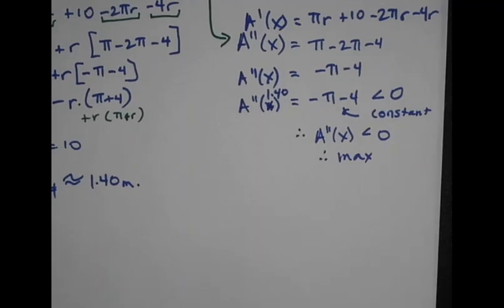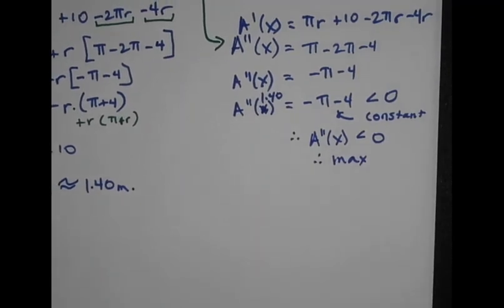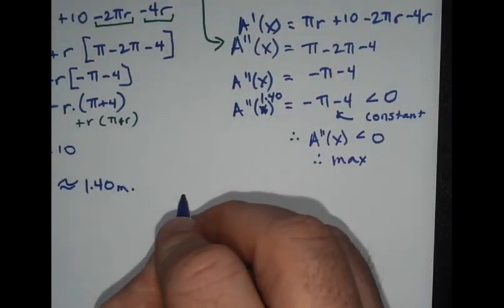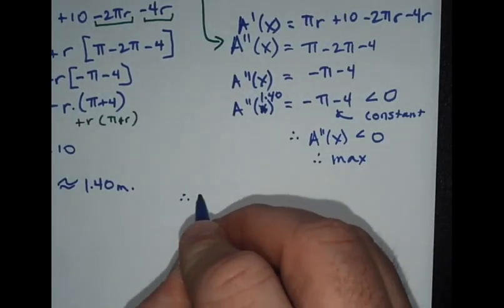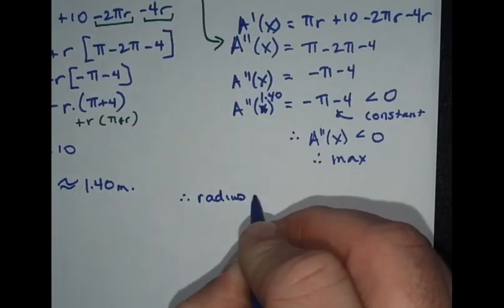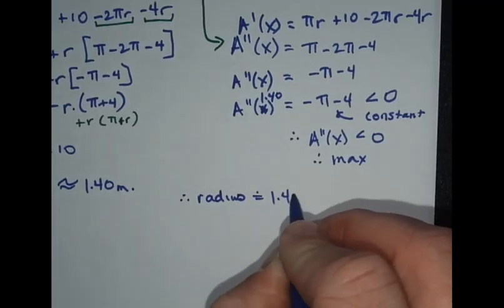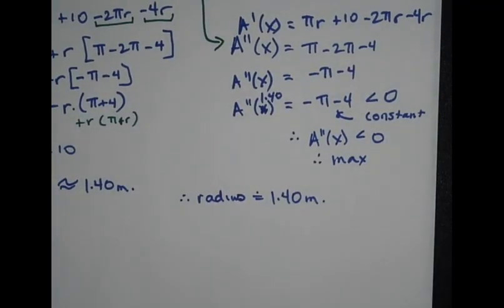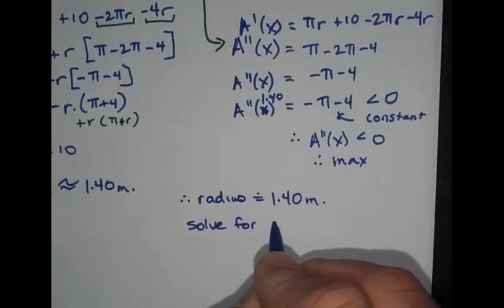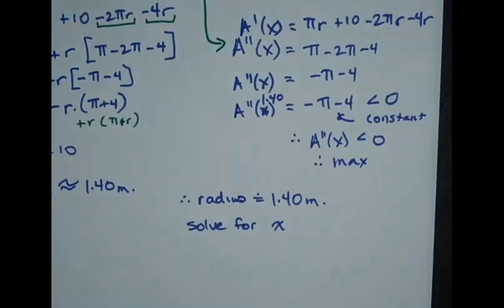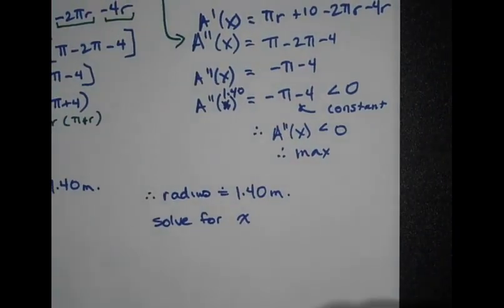So now we just have to figure out what is x. We know what our radius has to be. So therefore, find the dimensions of the window. Well, our radius is going to be approximately 1.4 meters. And we need to find what x is. We would go back to your perimeter equation.